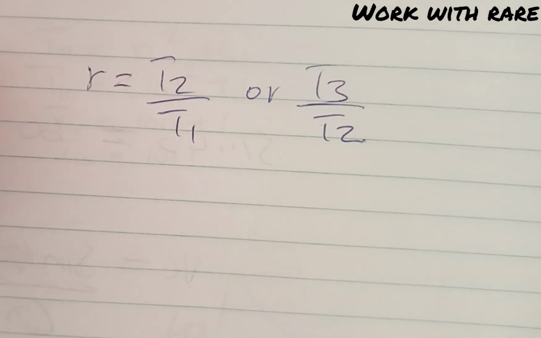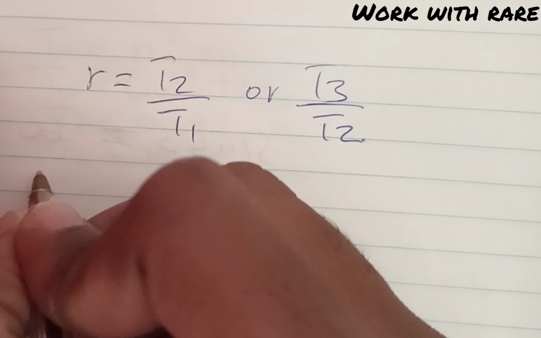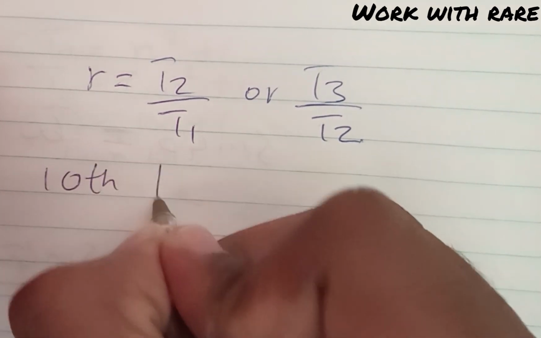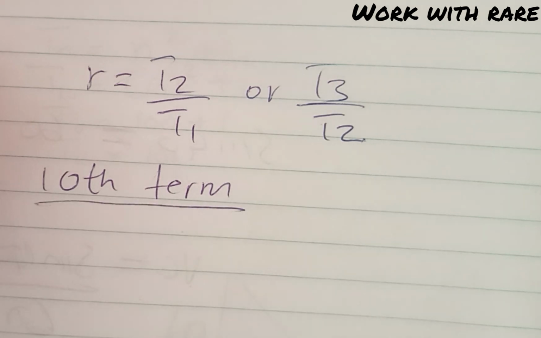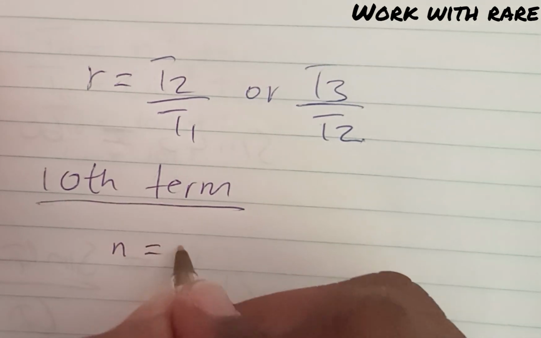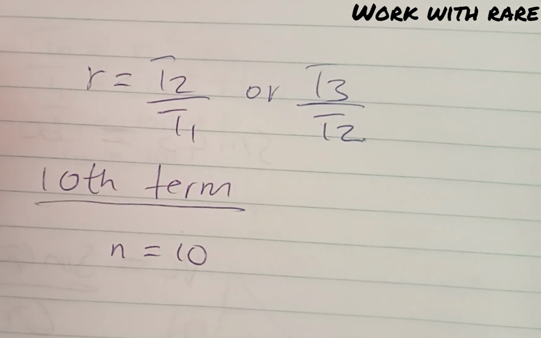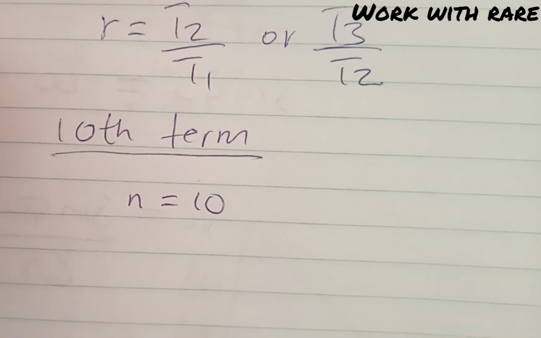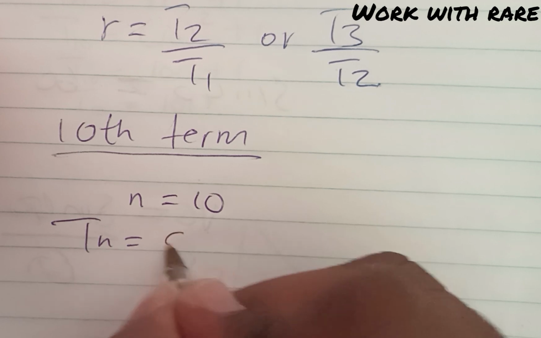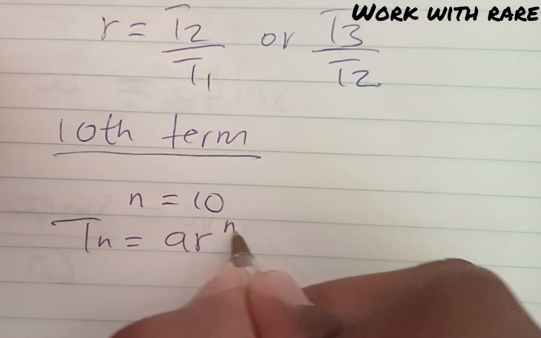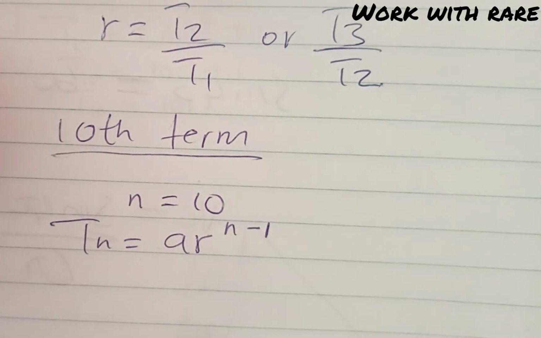So the first question says, determine the 10th term of this pattern: 3, 6, 12. So the question says determine the 10th term. This tells us that our n is 10, okay? And remember, the formula for a geometric sequence is Tn equals a r to the exponent n minus 1, okay?